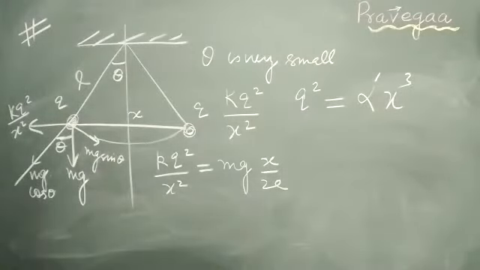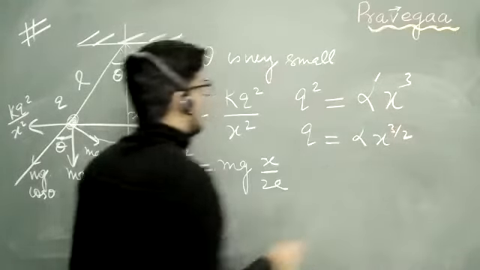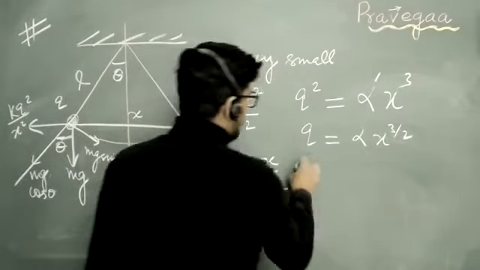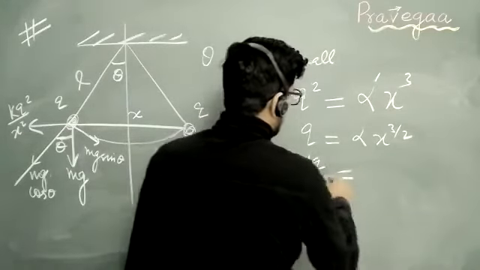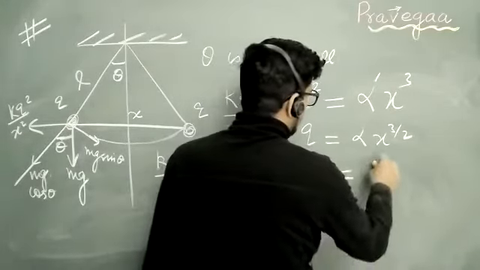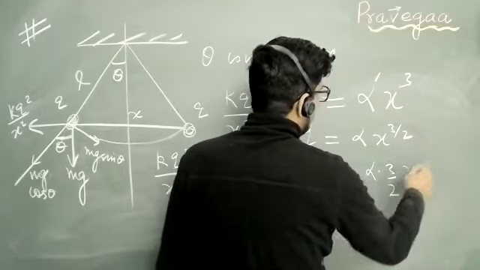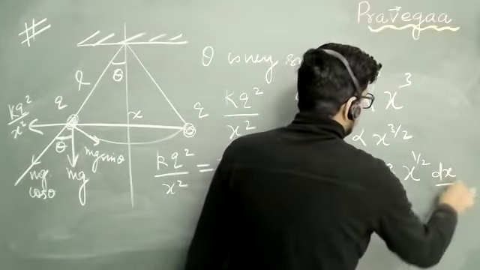So I will write Q is equal to alpha x to the power 3 by 2. This is how the charge is going, right? The value of charge. And if I put dq by dt, the rate of change of Q, because it is finite, this will be equal to alpha into 3 by 2 into x to the power, tell me, half. Half, sir. Into dx by dt.